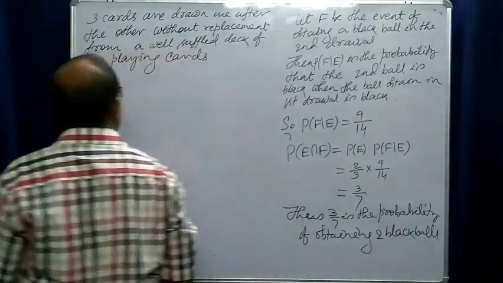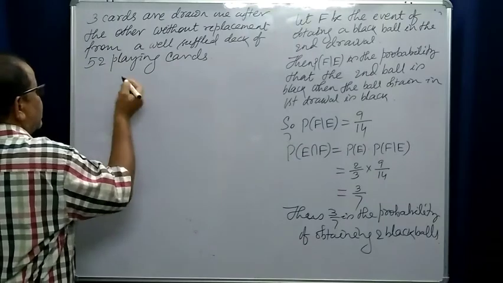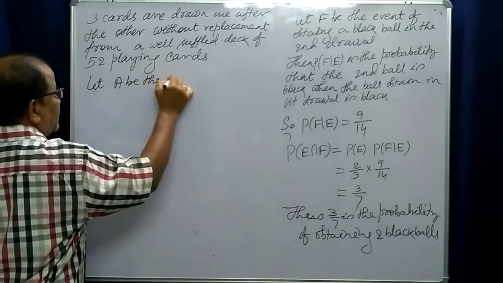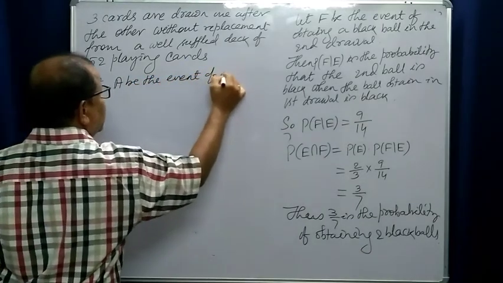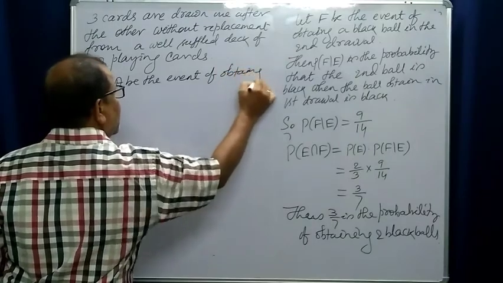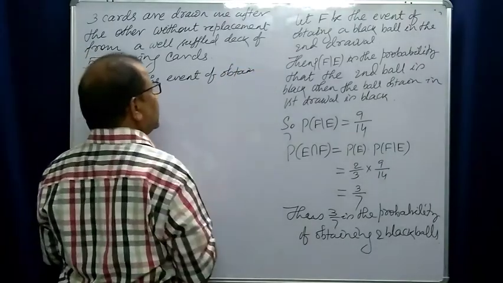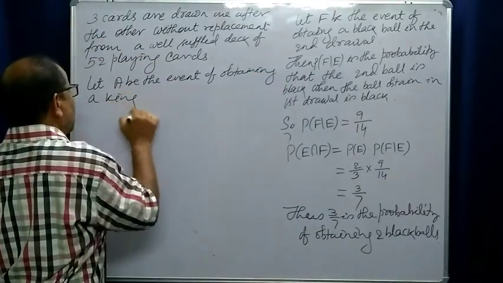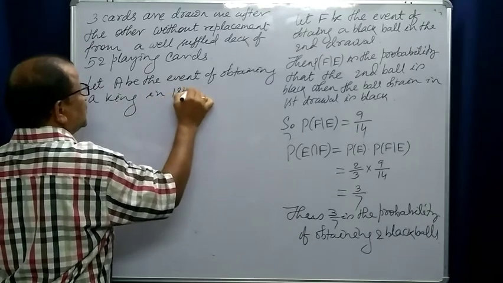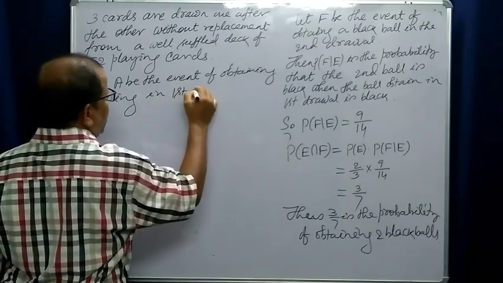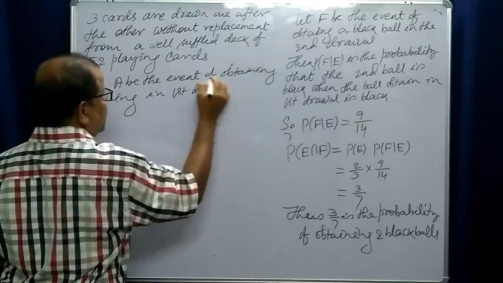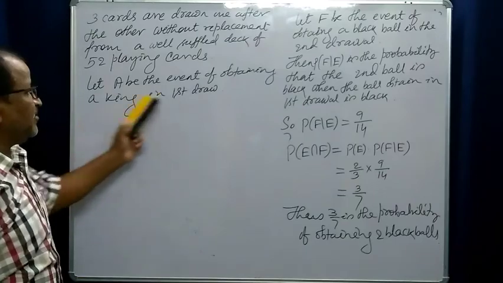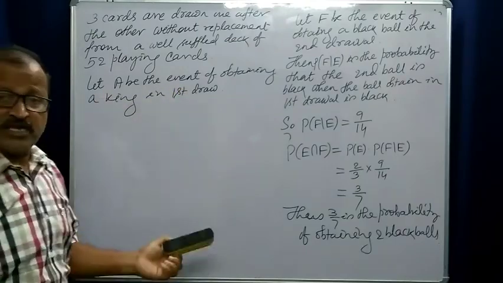So let A be the event of obtaining a king in the first draw. How many kings are there?